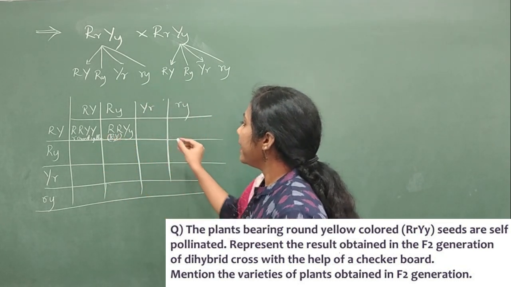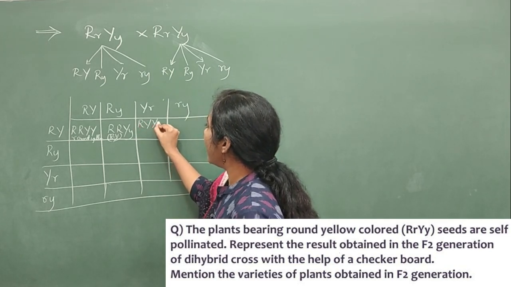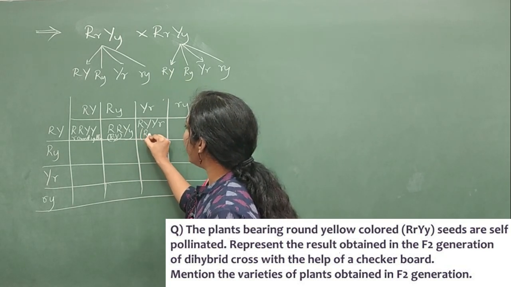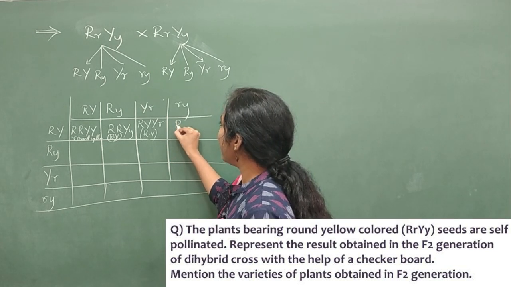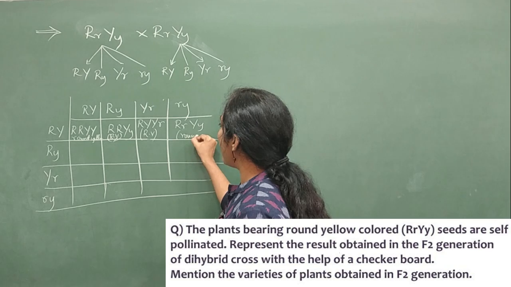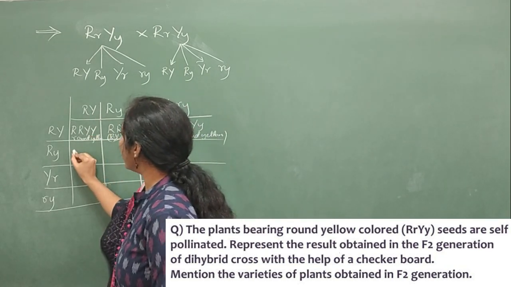Fine. And next is your capital R, capital Y, small r. So this is also round yellow category. And this one, capital R, small r, capital Y, small y. This is also round yellow category. Isn't it? Fine.